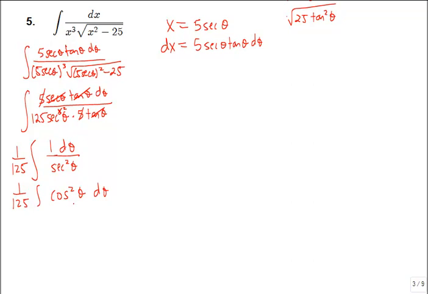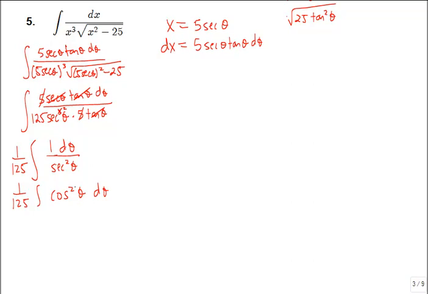All right, now how do you integrate cosine squared theta? This is an even power, and we talked about this in a previous video lecture on trigonometric integrals that involve powers of trig functions. When you have an even power on cosines or sines, that's when you want to use those half angle identities.